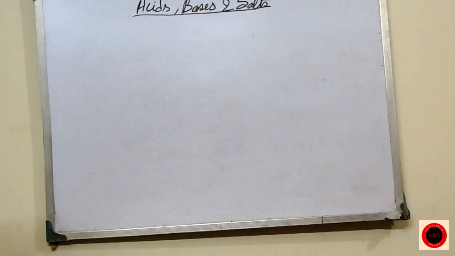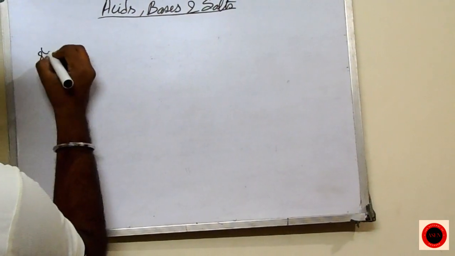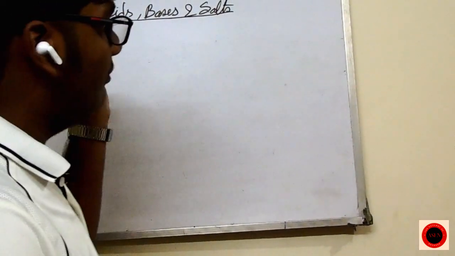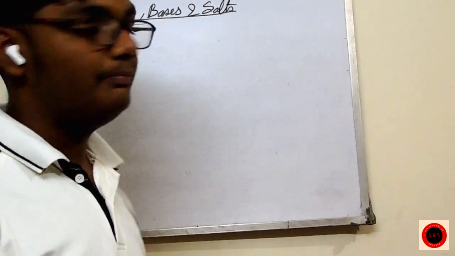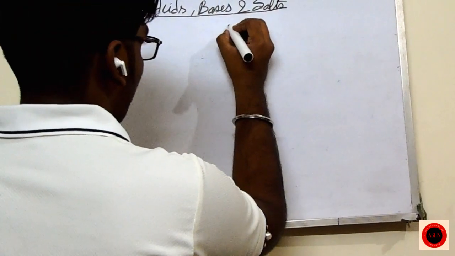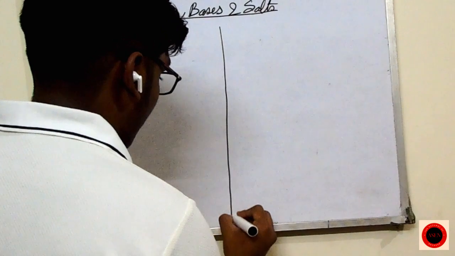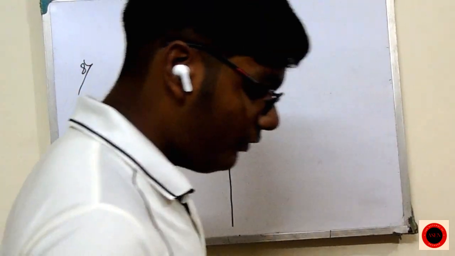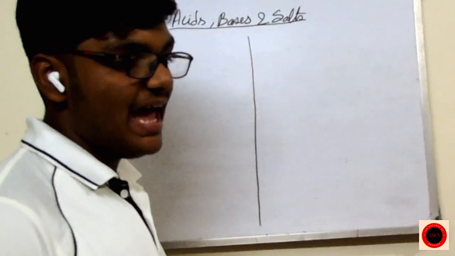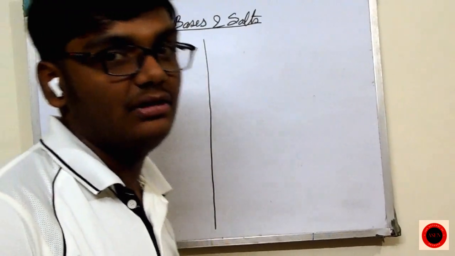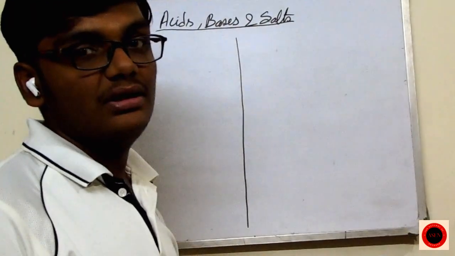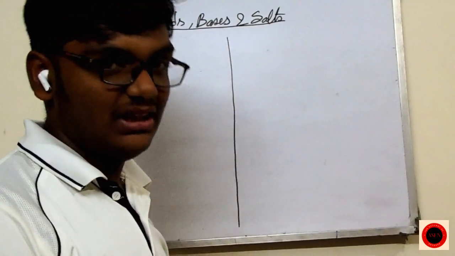Okay, now we will face some factors of this chapter. Okay, what happens when acid is added with metal, or metal is added with any acid? Okay, usually we used to add metal into acid, not acid into metal. Okay, both are different.